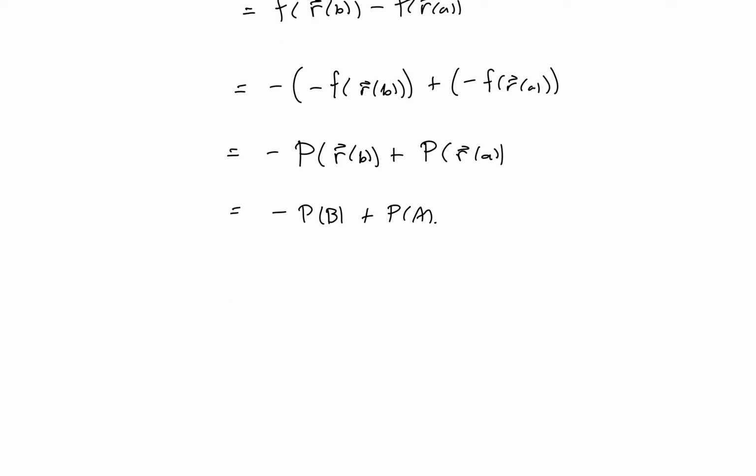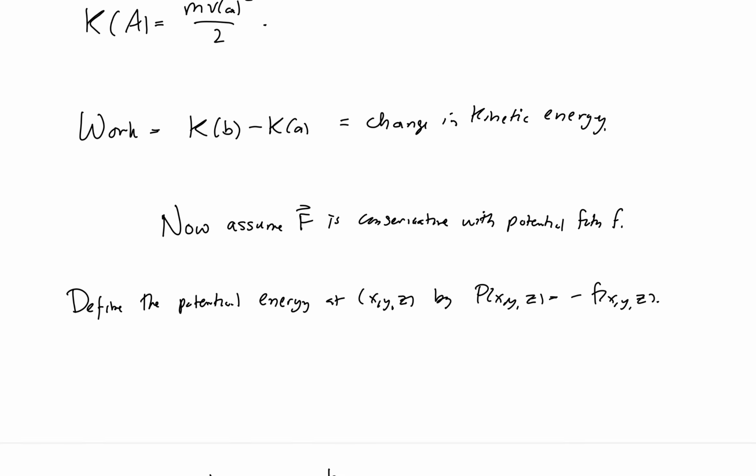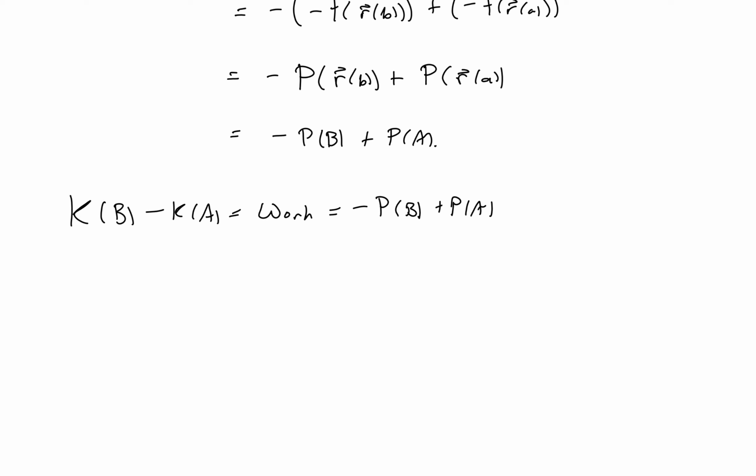So finally, if we equate these two, above we had work was K b minus K a. So we have K b minus K a is the work, which is also minus P b plus P a. Then we get all the b's and all the a's on the same side. This gives me K b plus P b is equal to K a plus P a.